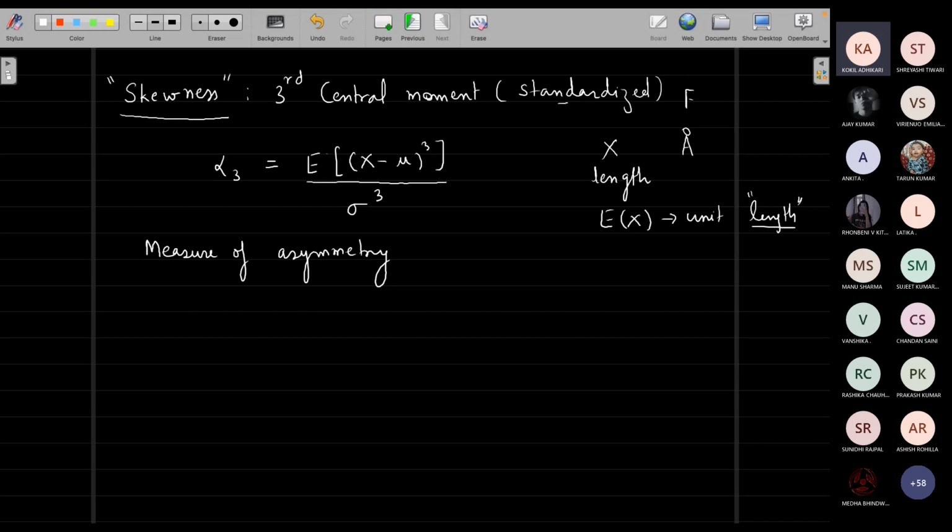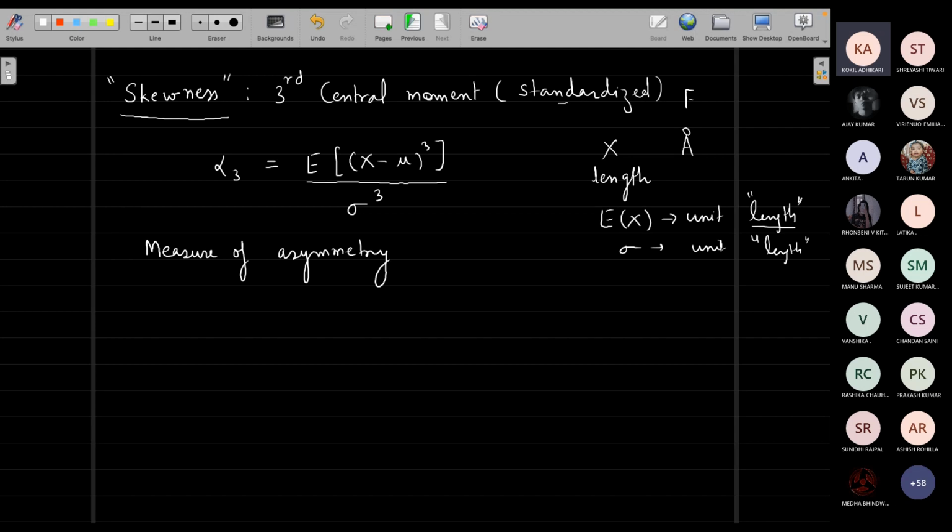Now sigma, which is another moment, will also have the same unit as the expectation value, not sigma square, but sigma. So if I divide E[x] by sigma, what am I doing in principle? I am dividing these units.